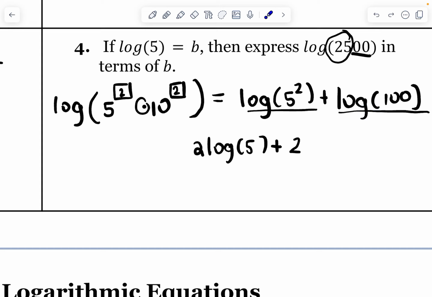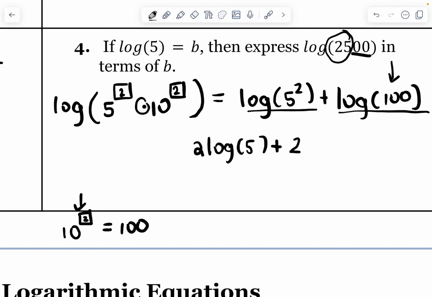So essentially what a logarithm does, its sole purpose is to find a missing exponent. So 10 to the what power is going to give us the argument, right? That number is going to be 2. And that's always the answer. The exponent is the answer to a logarithm. So log of 100 is 2.